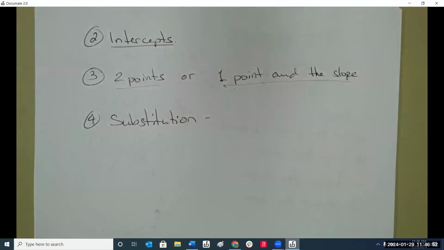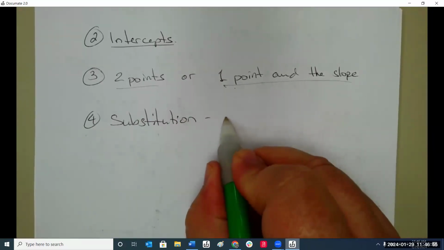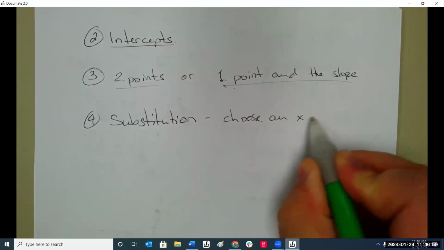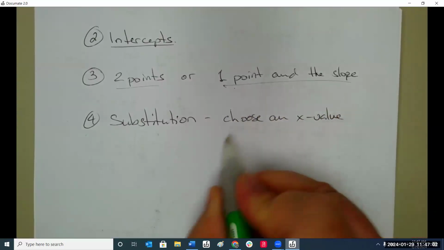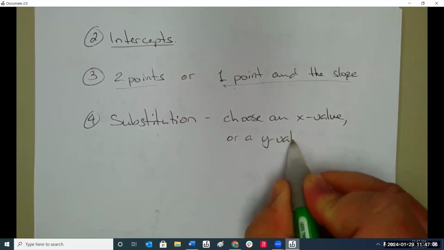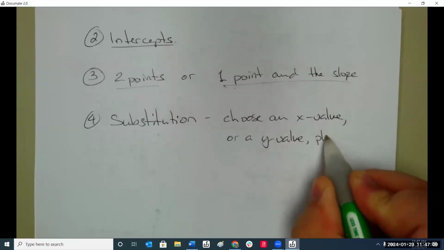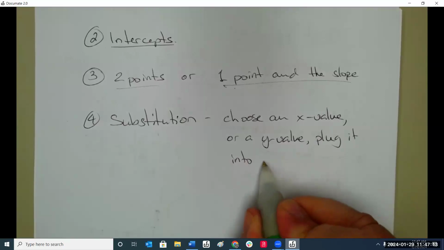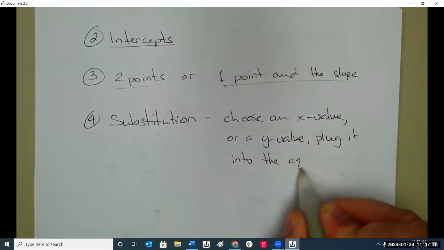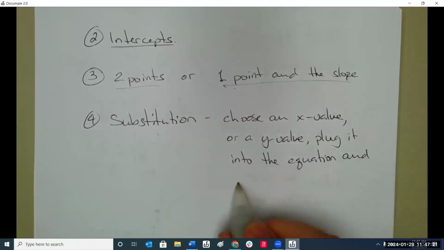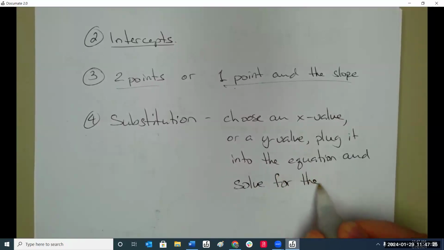In other words, what do you mean by substitution? Choose an X value or a Y value, plug it into the equation, and solve for the remaining variable.